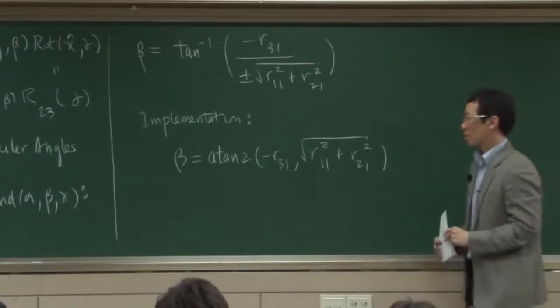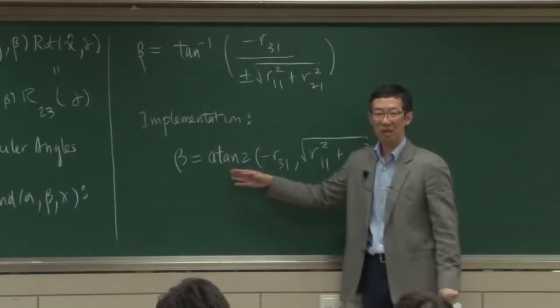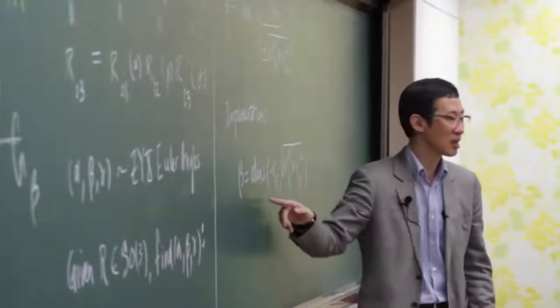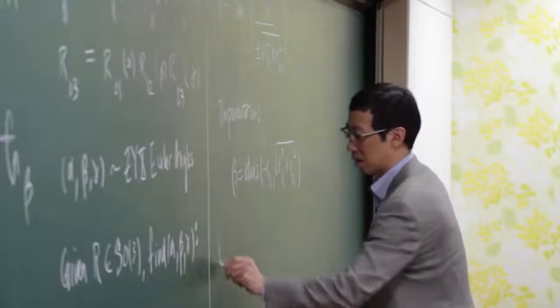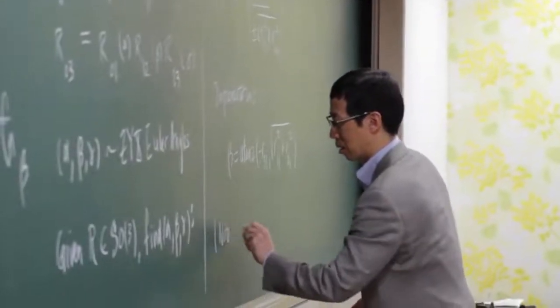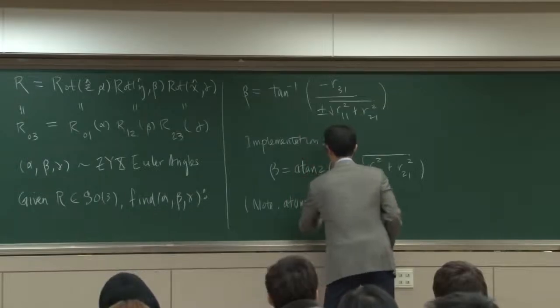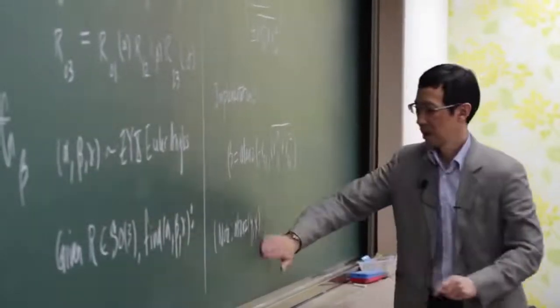Those of you who've done a little bit of numerical programming know what this is, right? Atan2 of y over x.